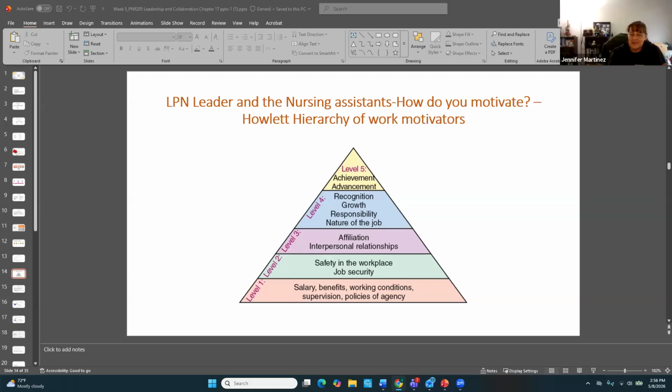And that is going to push you: how do I get recognized? Is there growth available? And then again, achievement and advancement. So as you go, you can see you get the basic needs met, and then as you keep moving on, it is going to continue to motivate you to reach the next level within that hierarchy.